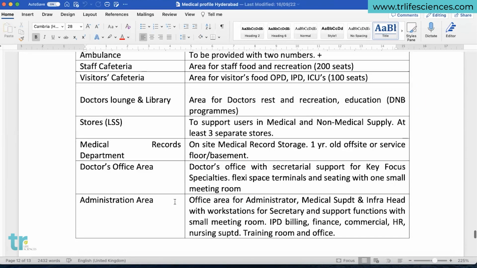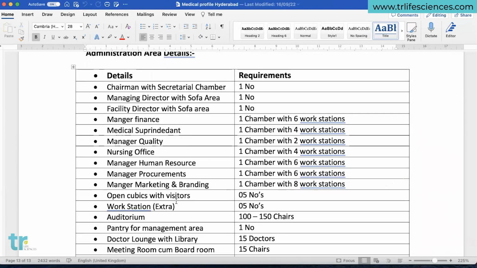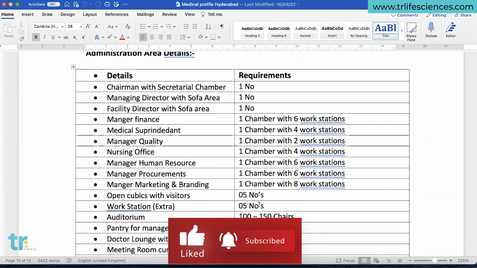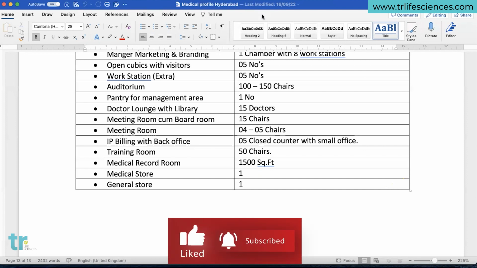Then administration area details, what chambers and rooms will be required, like for FD, chairman, MD, manager finance, MS, nursing, HR, procurement. So all details are finalized. Once it gets signed off by the client, we will pass it on to our architect. That will be the total overall activity we will be doing in this.